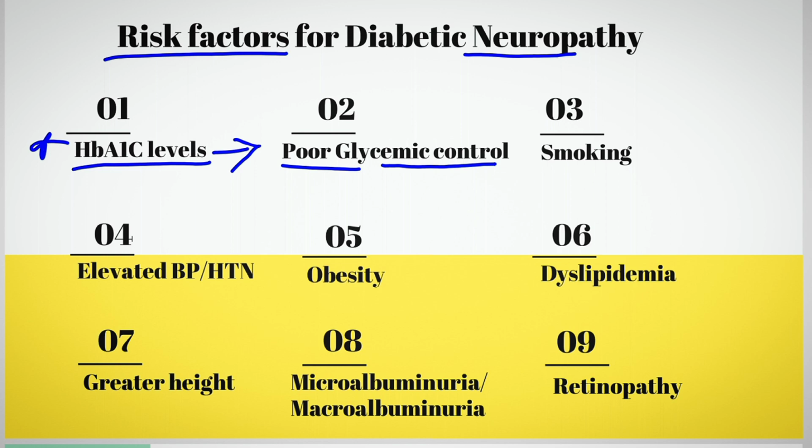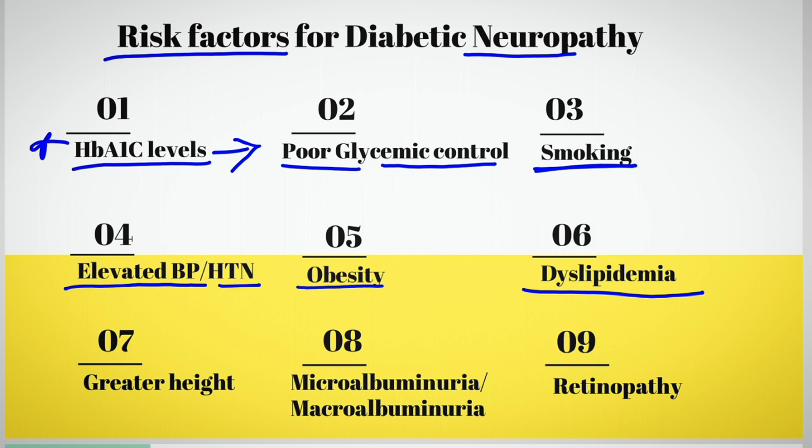Another risk factor is smoking. Number 4 risk factor is elevated blood pressure, or hypertension. If any person is obese, then the chance of neuropathy development is high. If any person has a lipid disorder, dyslipidemia, there is also a higher chance of developing neuropathy.